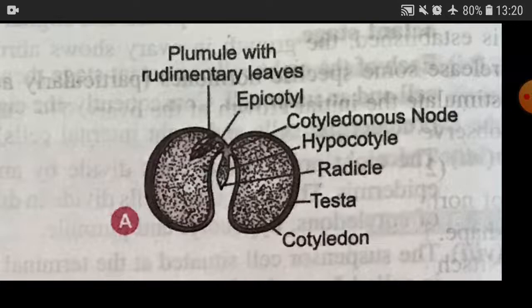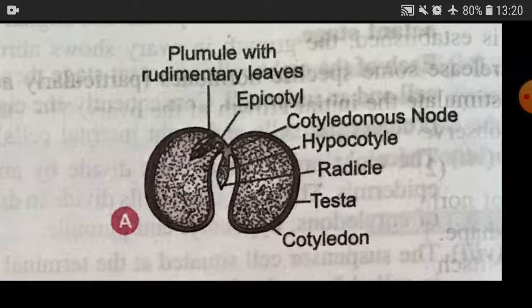As the ovules mature into seeds, the ovary develops into fruit. This is very important. The ovules mature into seeds, and the ovary develops into a fruit. So the transformation of ovules into seeds and ovary into fruit proceed simultaneously.